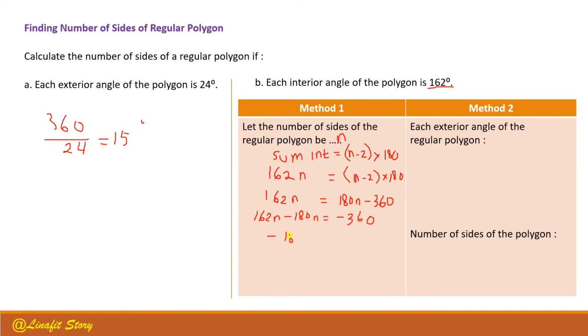Negative 18n is equal to negative 360, to get n is equal to negative 360 divided by negative 18. So n is equal to 20.